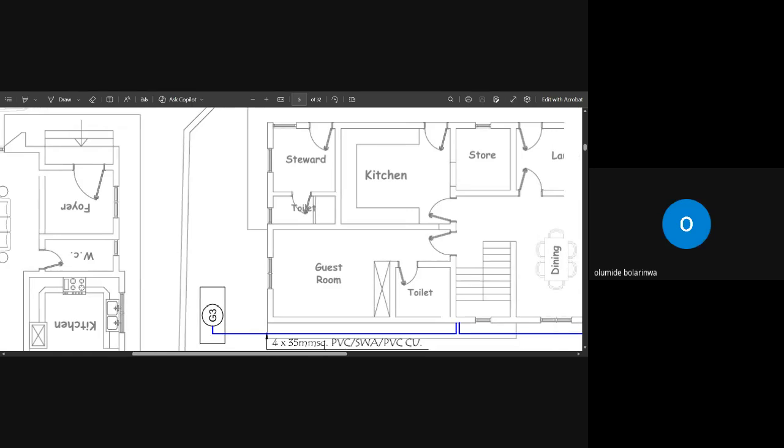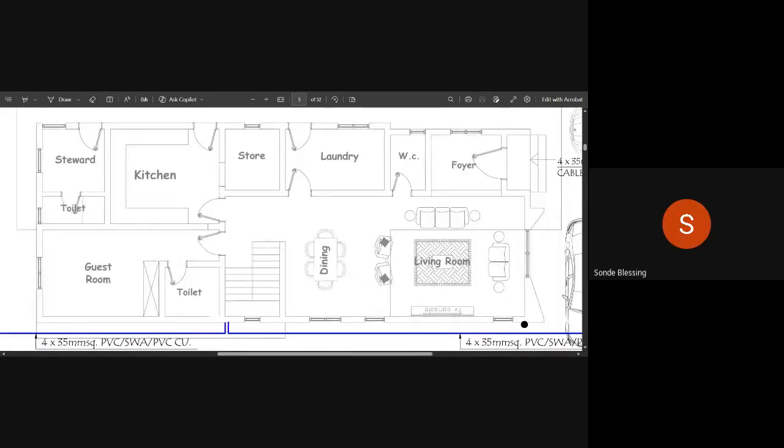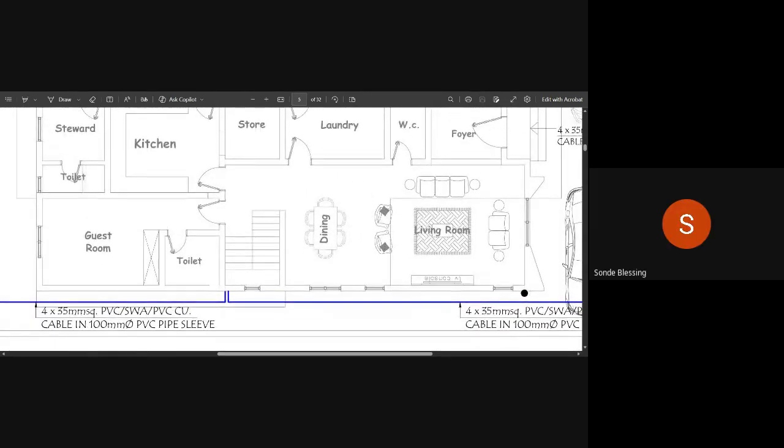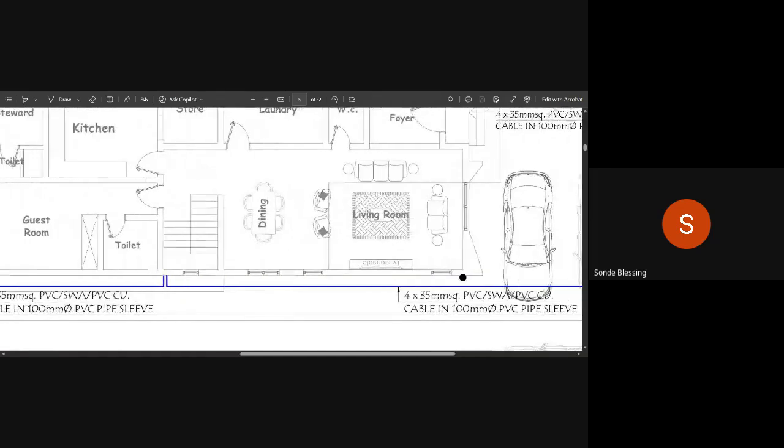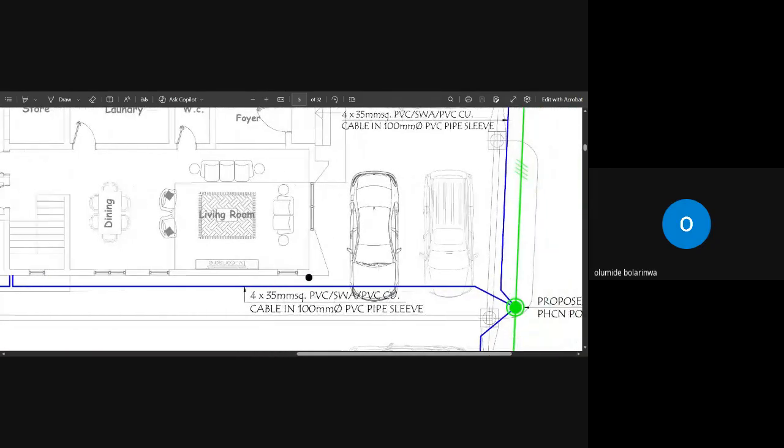Yes, sir. What's the meter that is there? Look at the picture being sent to the group. What's the meter that is there?